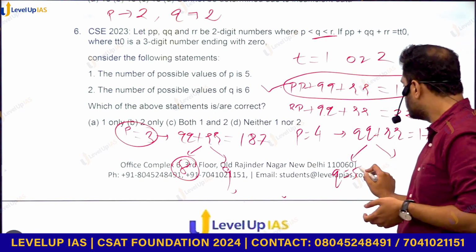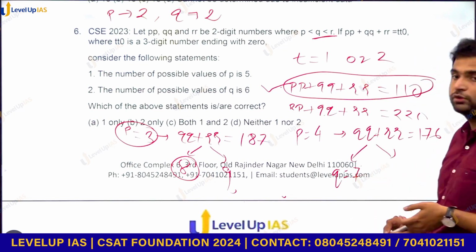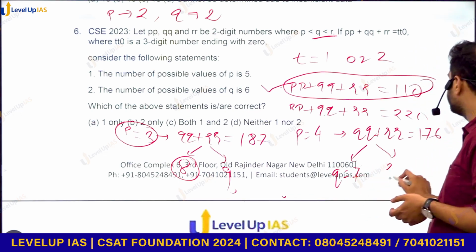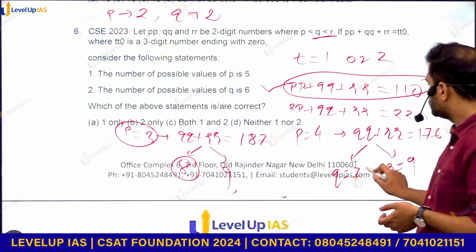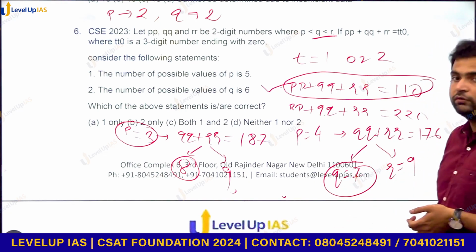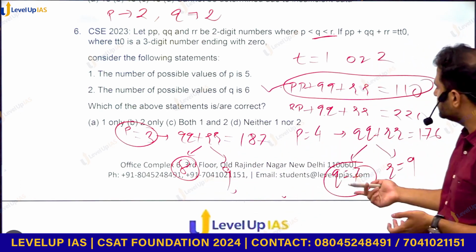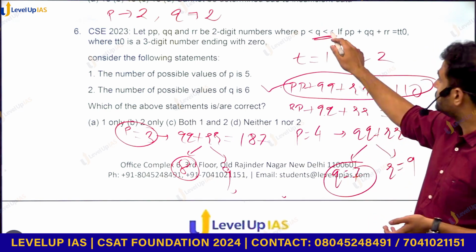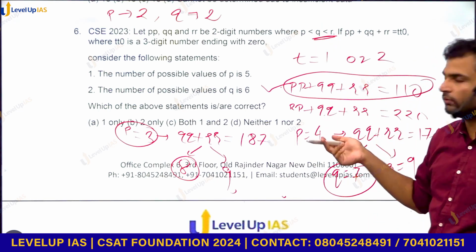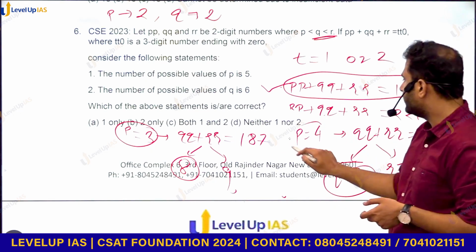Q is equal to 6, we'll get a 3-digit number. So we have to have Q is equal to 7 and then we'll get R is equal to 9. So that is another value of Q that we have. And Q is equal to 8, that is already ensured. Q is equal to 9 is not possible because R has to be greater than Q. So Q is 9, there is no benefit. So we have another value of Q and another value of P.